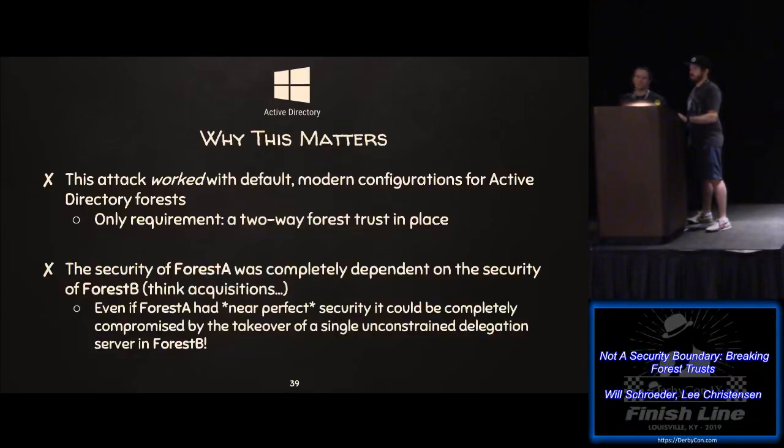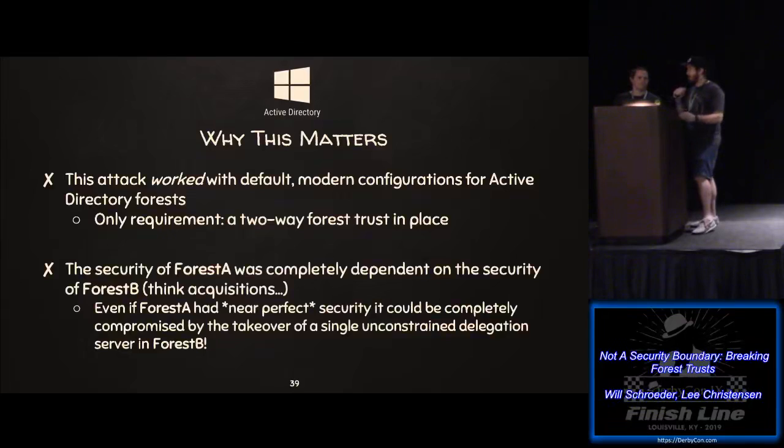I can't assume that Will's forest is completely trustworthy now. So even if I had perfect security and did everything right, just by virtue of having a trust between us, if Will's forest is compromised, then I am also compromised, or could be compromised.